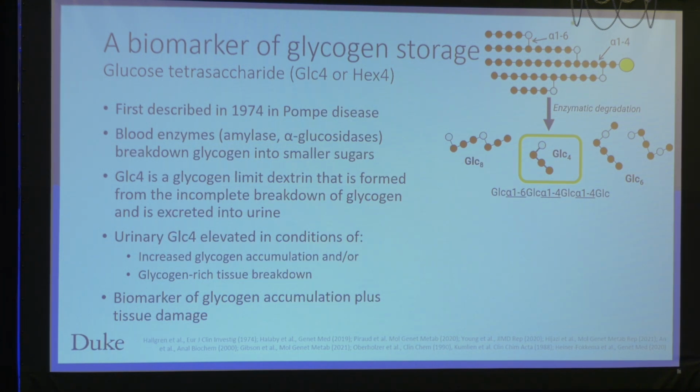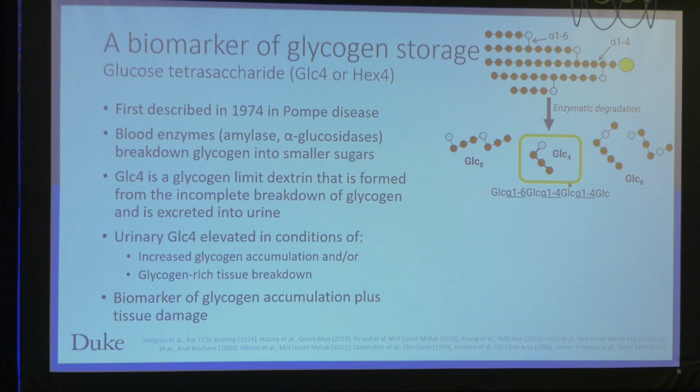And so in the normal process, this glycogen, as it's in the circulation, is broken down by certain enzymes that are in the body, such as amylase, which is secreted by the pancreas, or other alpha-glucosidase. And so what it does is it breaks it down to smaller sugars, and you end up with these smaller limit dextrins, as they're called. And this one in particular, which is called GLUC4, which has 4 glucose molecules, is something that's excreted and is easily measured in the urine.